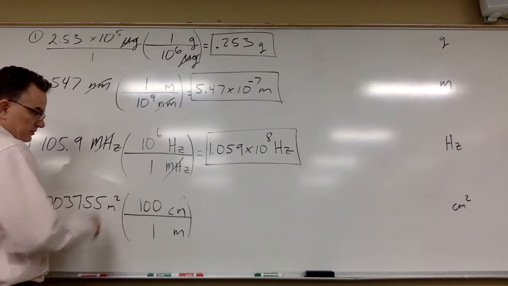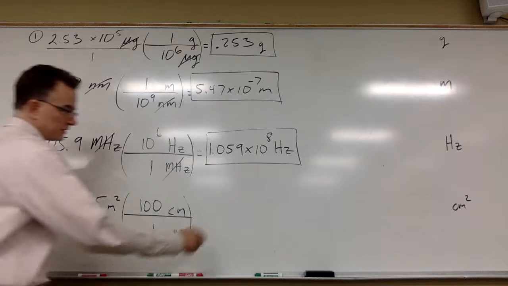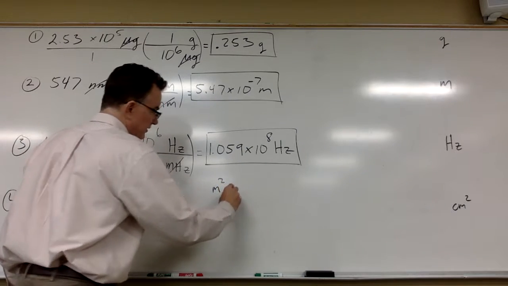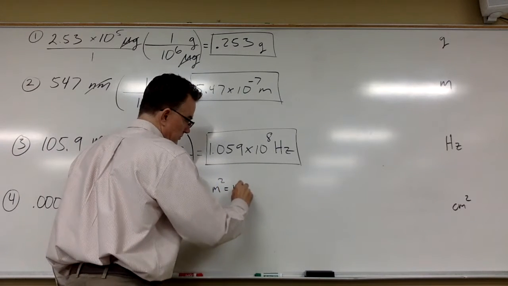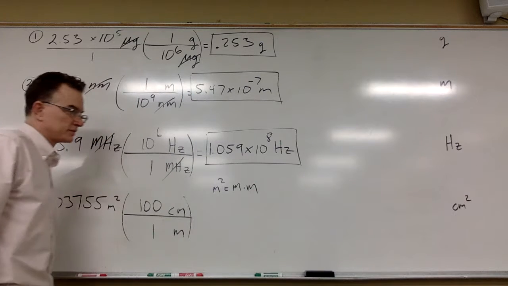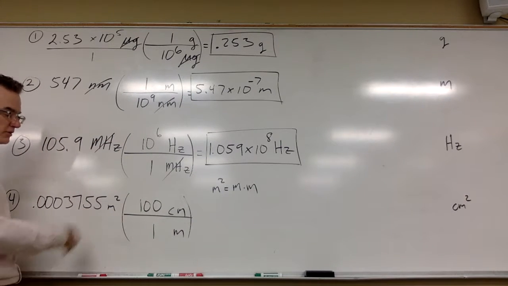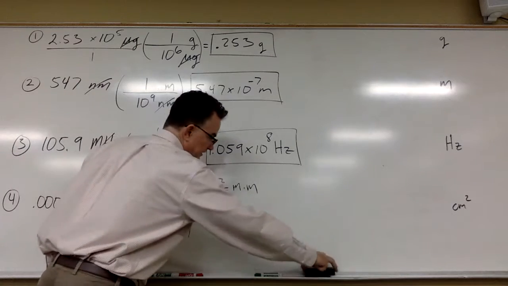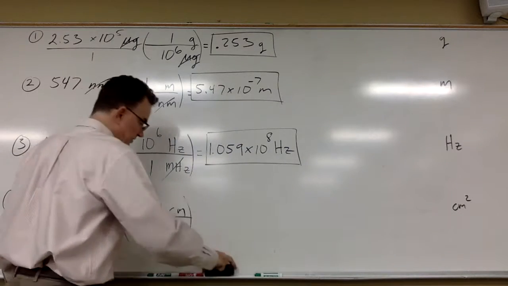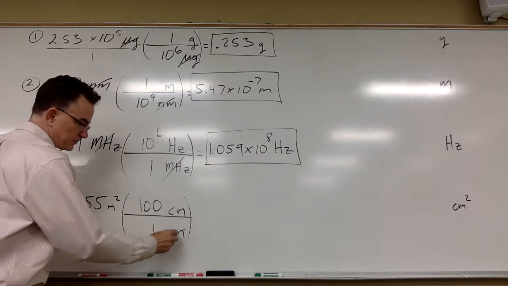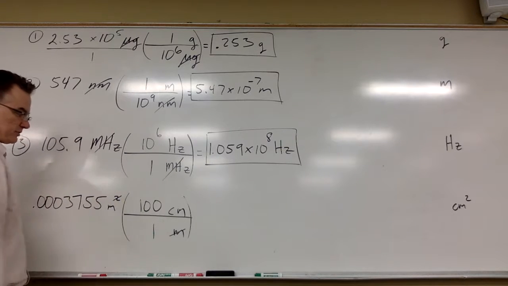Now that's meters squared, right? Meters squared means meters times meters. There's 2 of them. So there's a few different ways that you can write this. Probably the most fundamental way to write it is just say, okay, this meter took care of one of those meters.